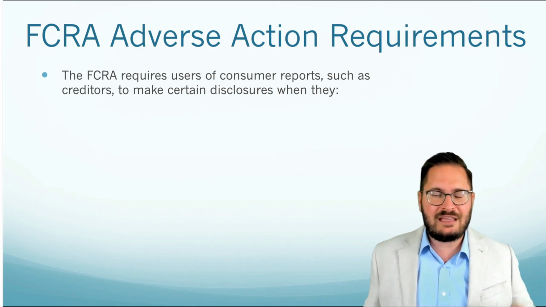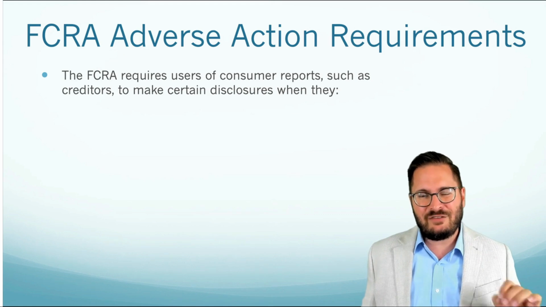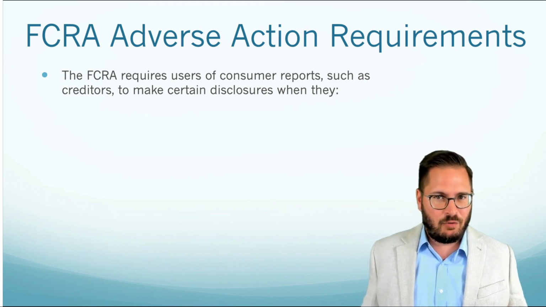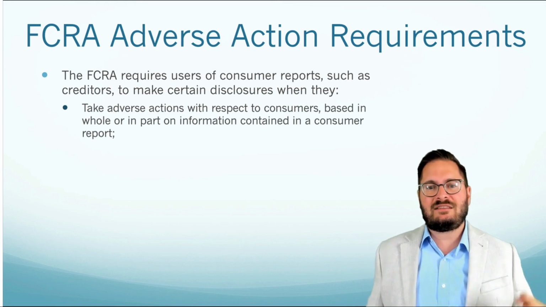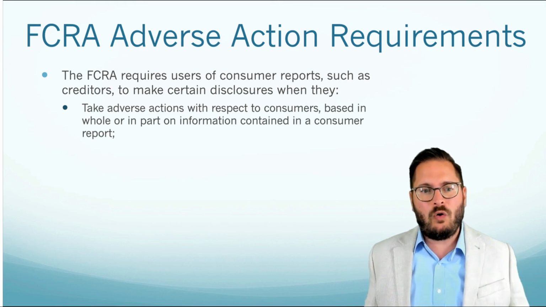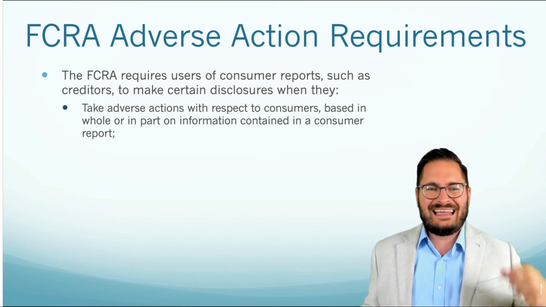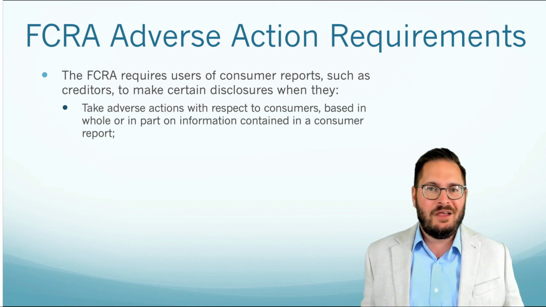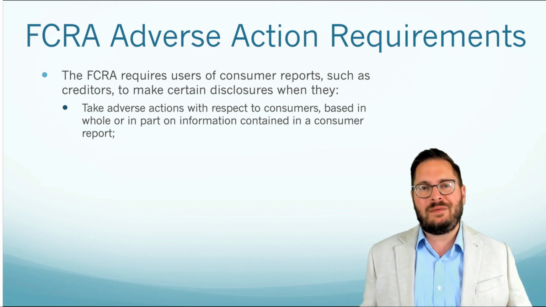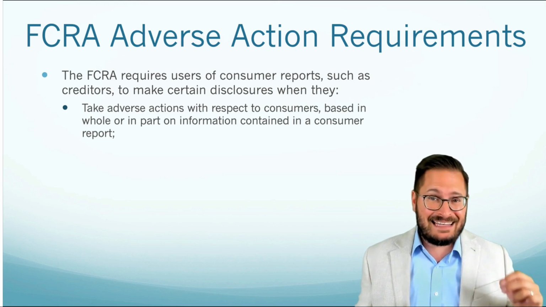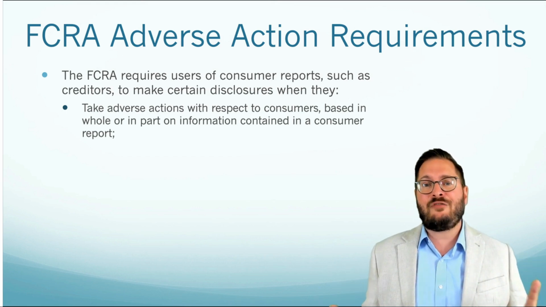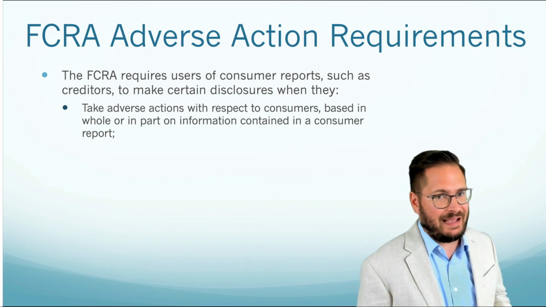So the following things are the triggers that require an adverse action notice under the Fair Credit Reporting Act. It includes taking adverse action with respect to consumers based in whole or in part on information contained in a consumer report. So if you deny somebody a loan because their credit score is 212, that's information contained in the consumer report, and therefore you owe them an adverse action notice under the Fair Credit Reporting Act.